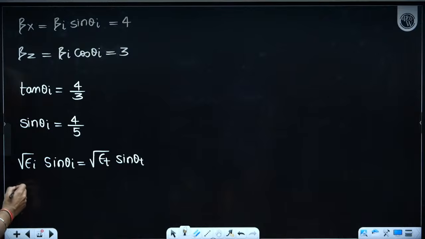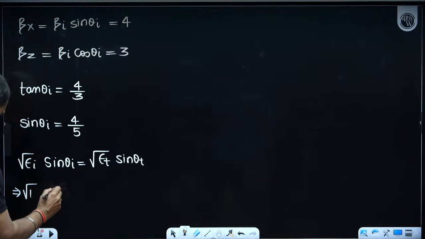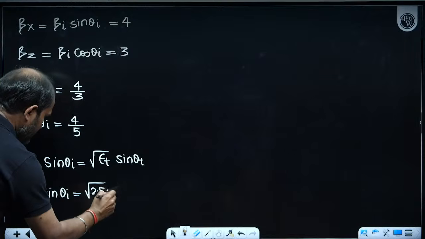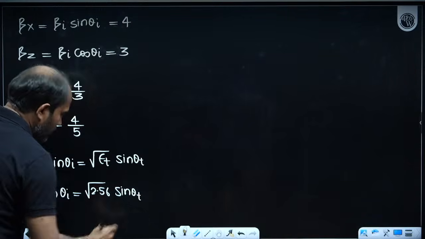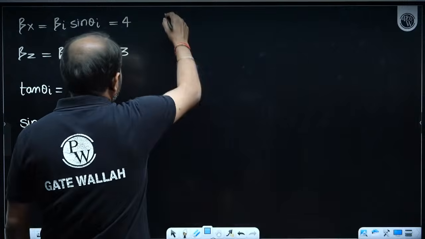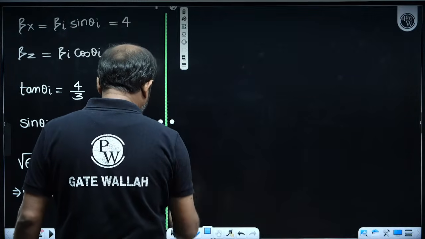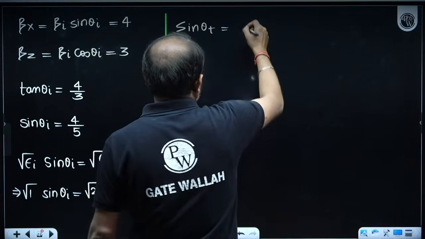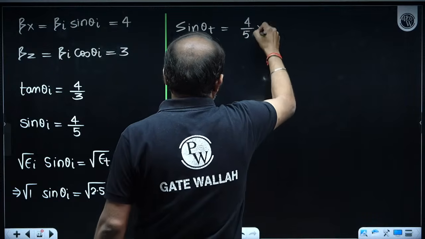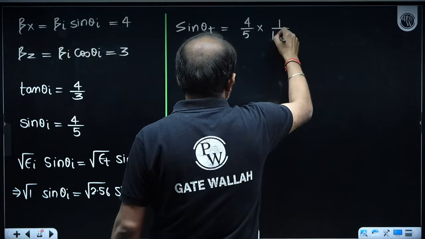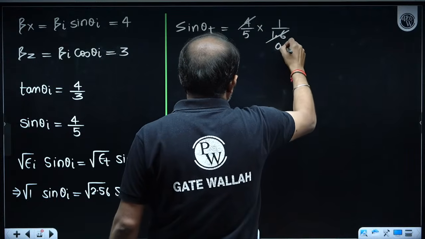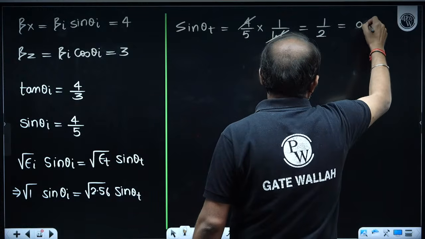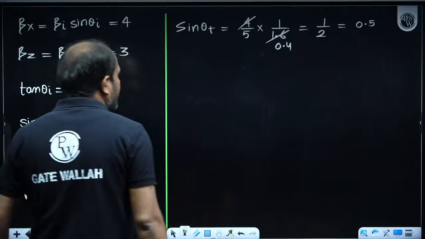So under root epsilon I is 1, sin theta is 4 by 5, and epsilon T is 2.56, so under root is 1.6. So sin theta T is equal to 0.4, so 1 by 2, so it will be 0.5. Sin theta T we have calculated.